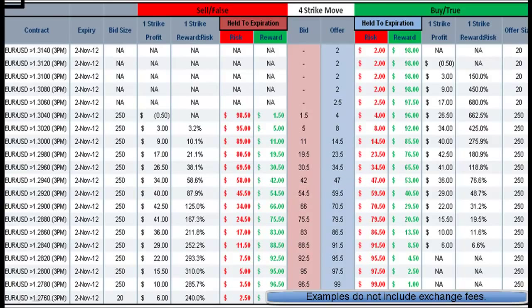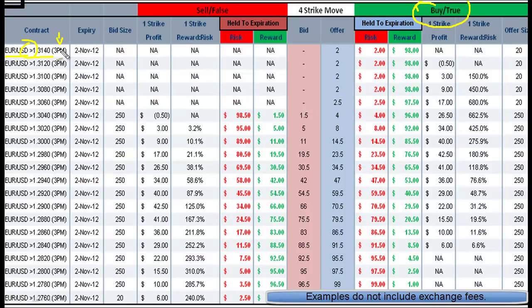Now, as a reminder, the market must move and become what's called in the money at expiration. And basically what you're saying is if you buy the binary and you hold it all the way to expiration, let's say your take profit order doesn't get filled yet, and you hold it to expiration, you are saying that the statement right here is true, which is such as euro dollar will be greater than 1.3140 at 3 o'clock Eastern time.